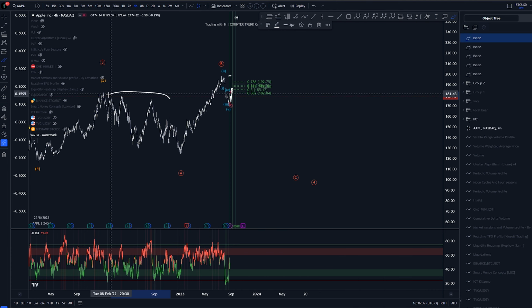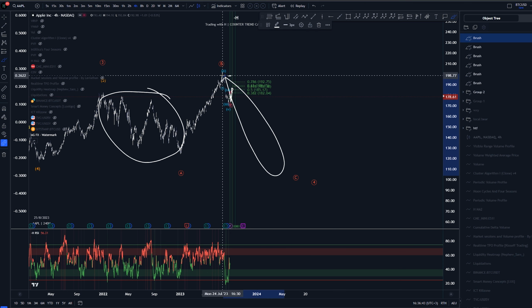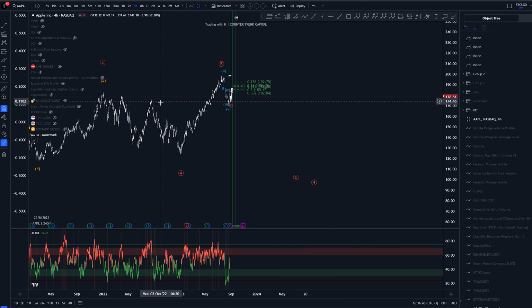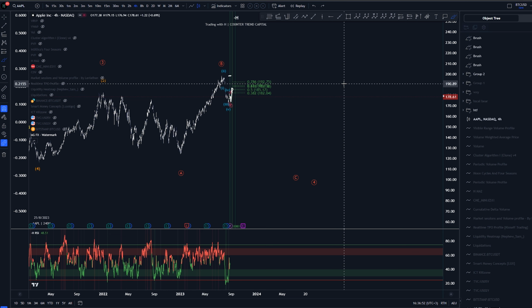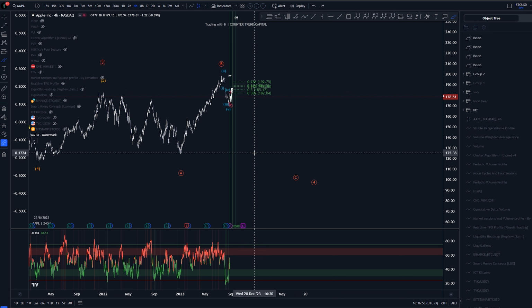However, the difference between these would be that this would be fast. This would be a 5-wave move, while this first one here was a 3-wave structure. So this would be very much more on the news, even more than what we've had here. It would be very abrupt and very fast in that sense as well, and people would be panicking for sure.